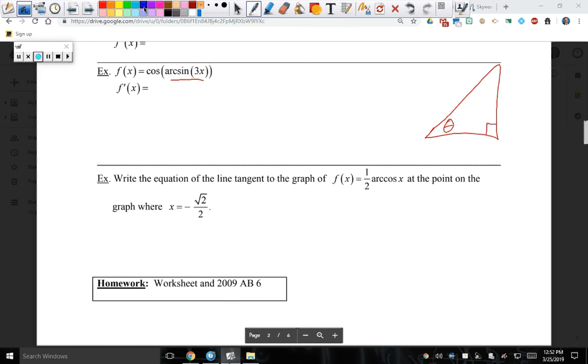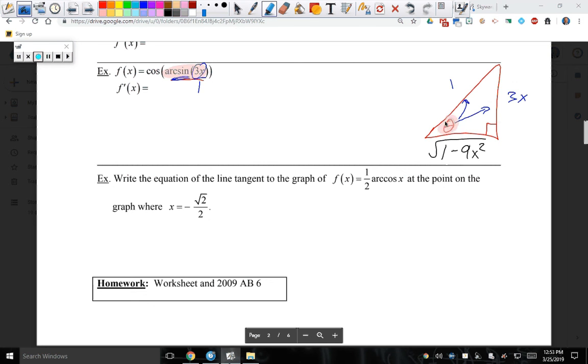Okay, so it's sine, which is opposite over hypotenuse. There is a 1 there. So this would be opposite over hypotenuse, which would be the square root of 1 minus 9x squared. You with me? C squared minus b squared, take the square root and simplify. Now, all of this represents what again?